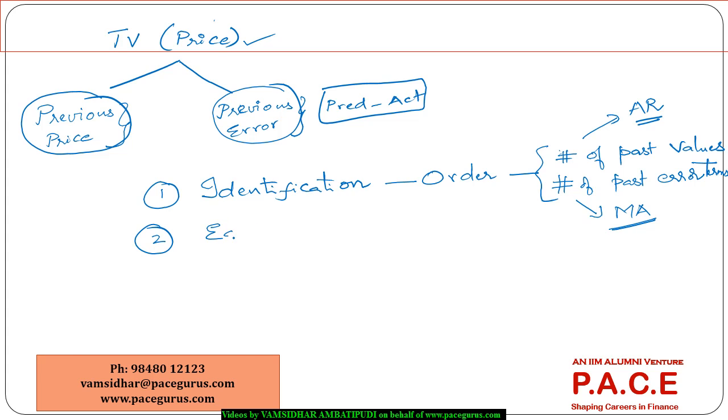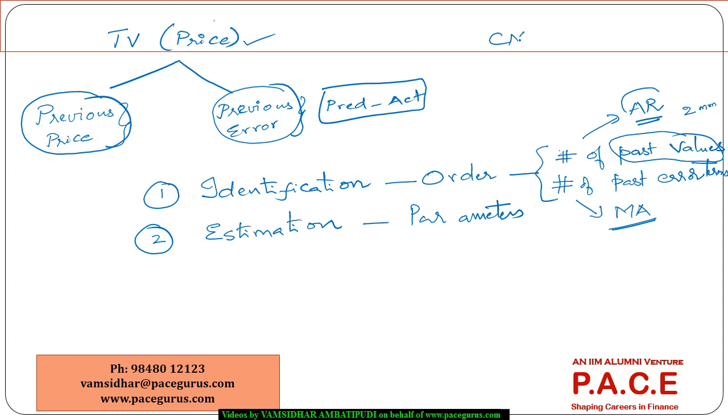And based on that, I have to come up with an estimation of the parameters. Suppose I have identified that the past 2 months' values matter.